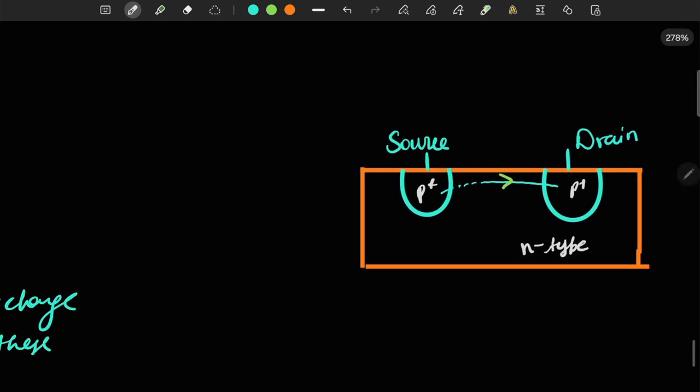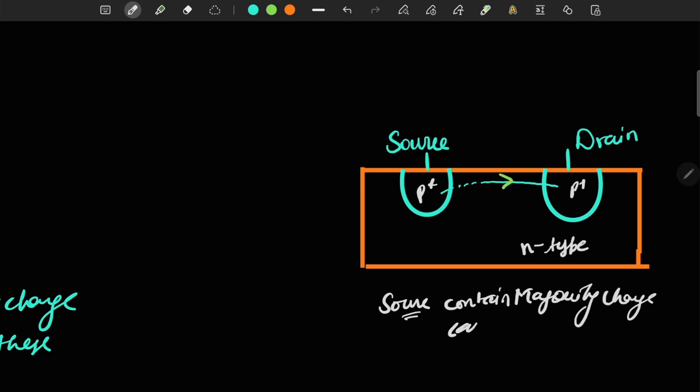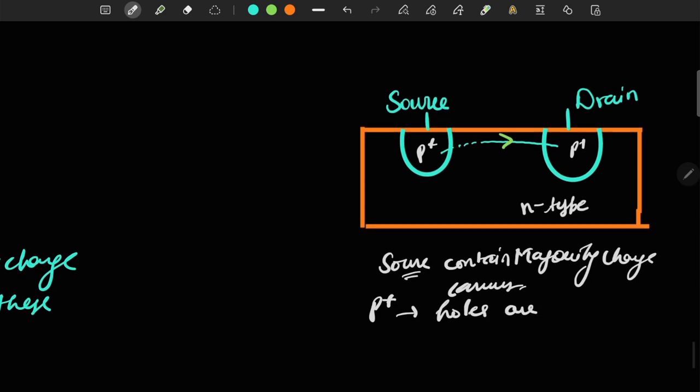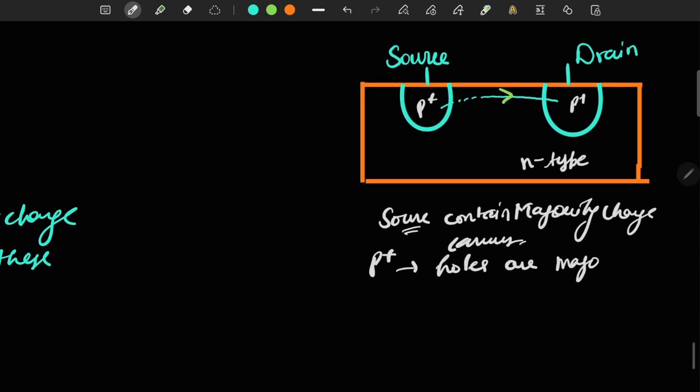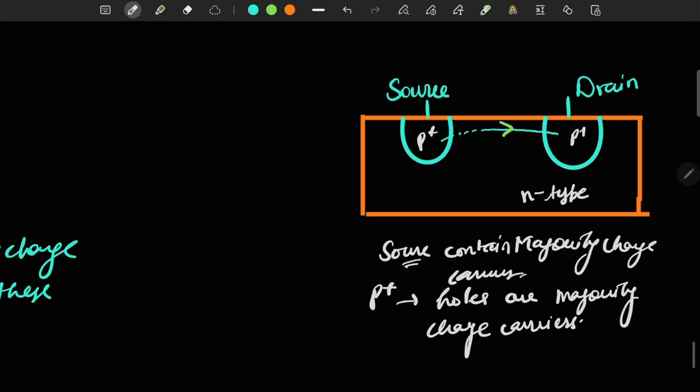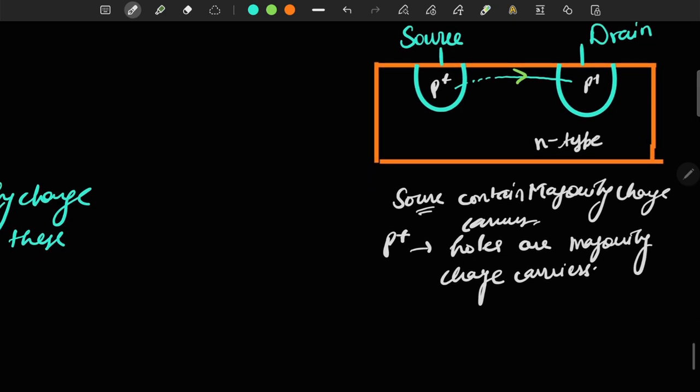As I told you, what is source? Source contains majority charge carriers. And here in P plus, we know holes are the majority charge carriers.